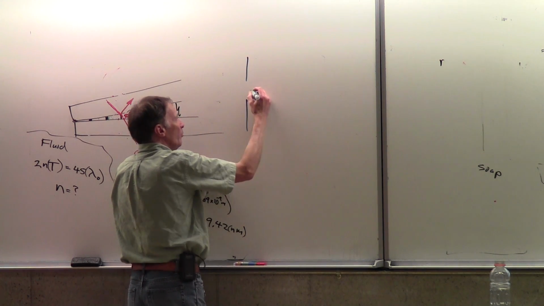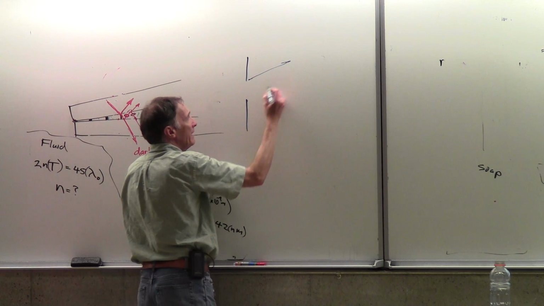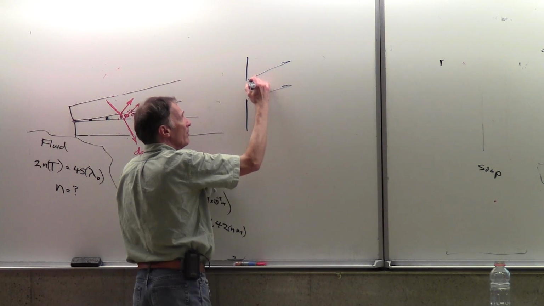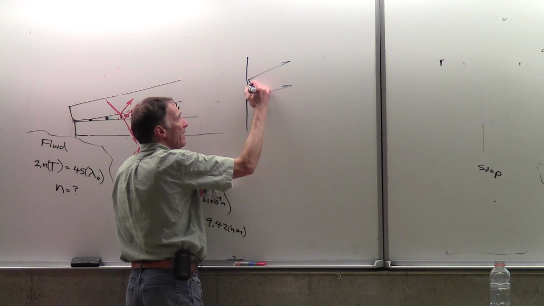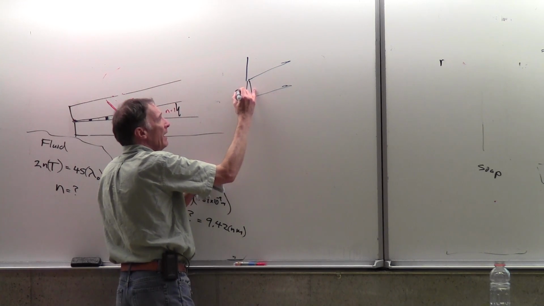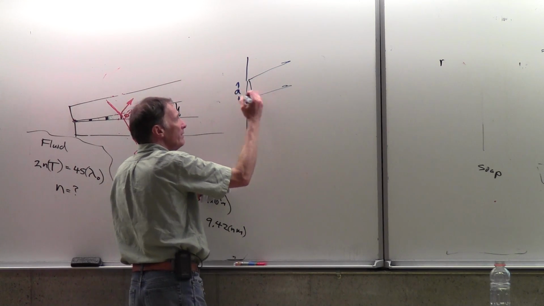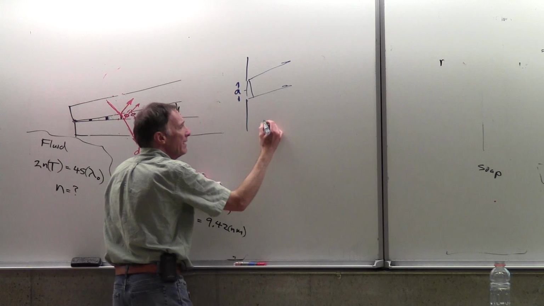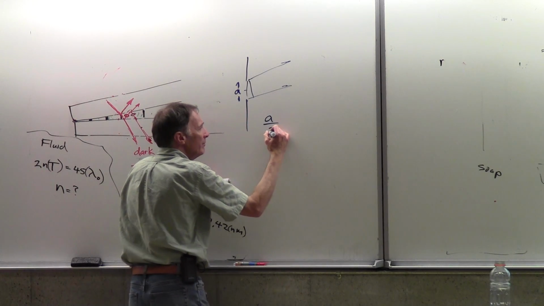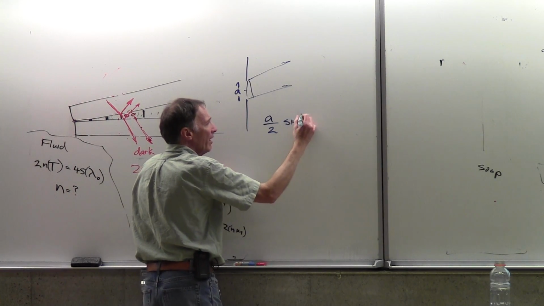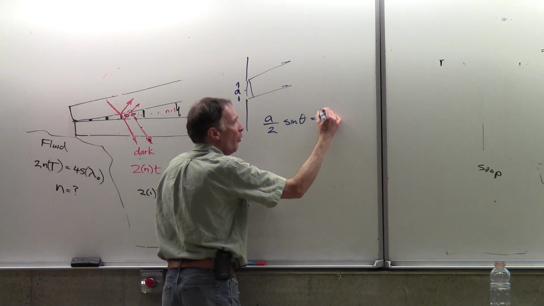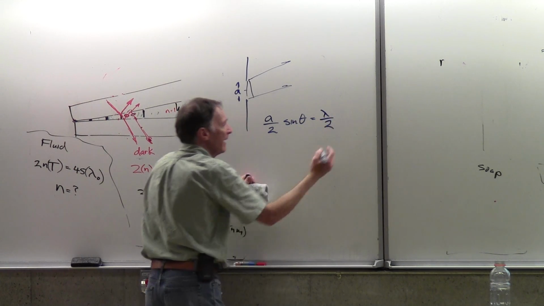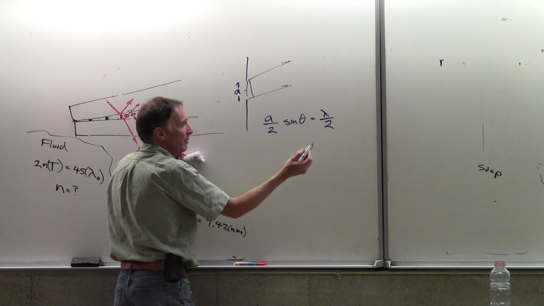We're going to have this slit width. Again, we're looking out on the screen at some angle theta. A is given as the width of the slit, and A over 2 times the sine of theta is equal to 1/2 of a wave. That would be the first minima.